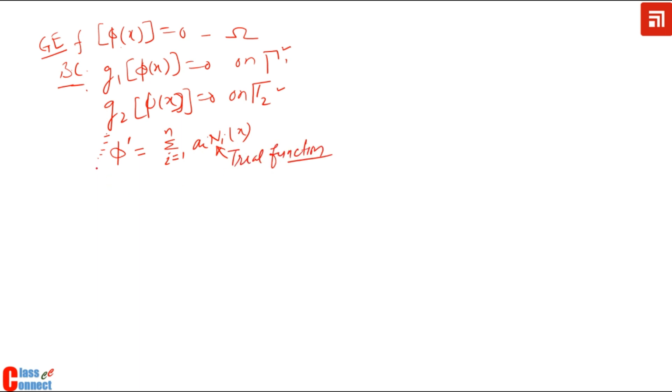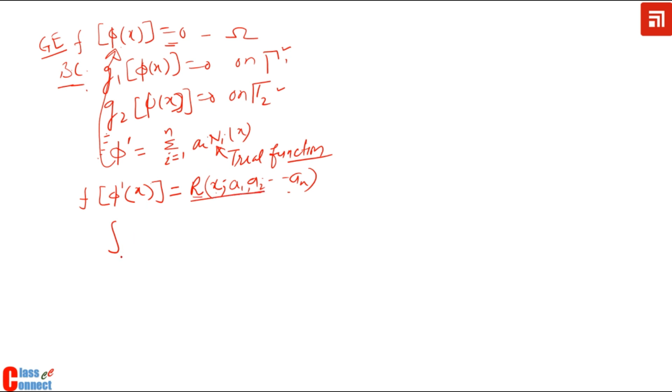For the Ritz method, if we substitute this assumed function back, we get f(phi dash), the assumed solution for this problem. This will not be equal to 0; it will not exactly satisfy the governing equation, but we will get some residual error. For the Ritz method, we have to reduce this error function to 0.